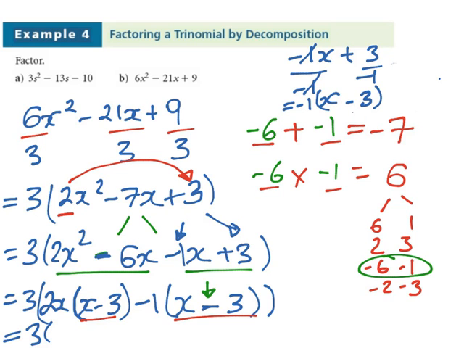Because x minus 3 exists in both of these areas, we could factor out x minus 3. So let's factor that out. And what's left? It's 2x and negative 1. So 2x and negative 1. And here is your answer.